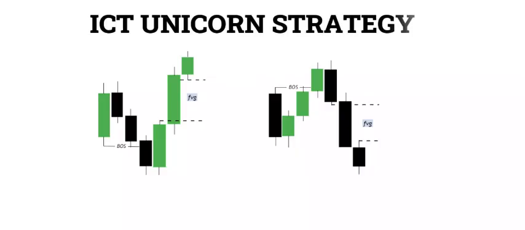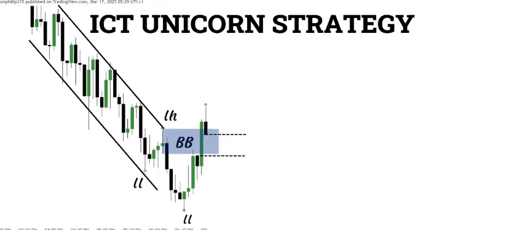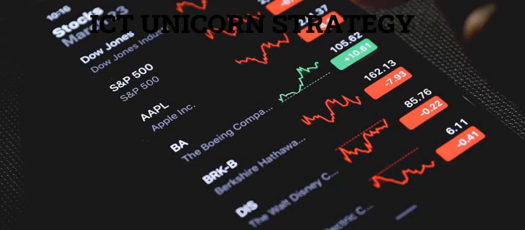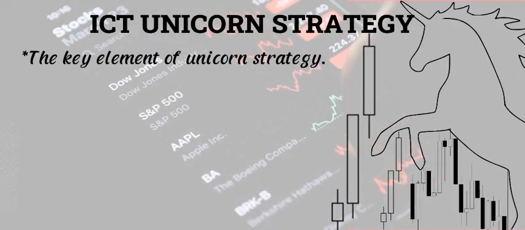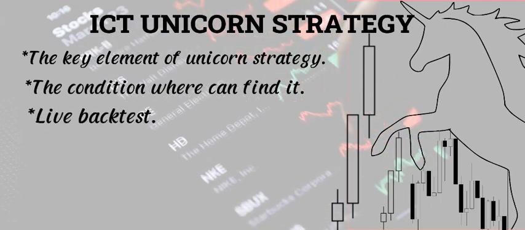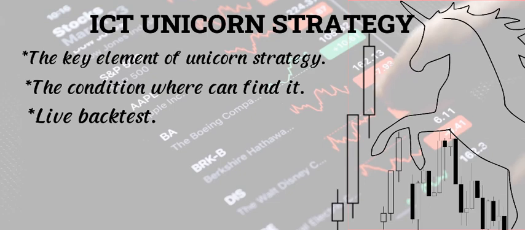Traders call it the ICT Unicorn strategy. It's a rare, high-impact setup that, when mastered, can change your trading game forever. Stay tuned, because today we're going to discuss the key elements that make this strategy effective, the conditions where you can find it, and a live back test to emphasize its importance in different market conditions.